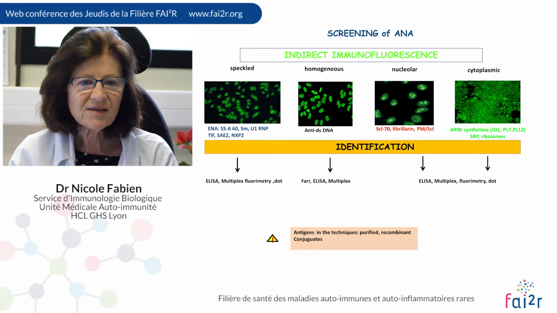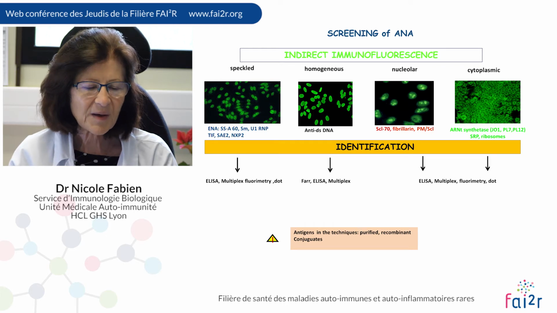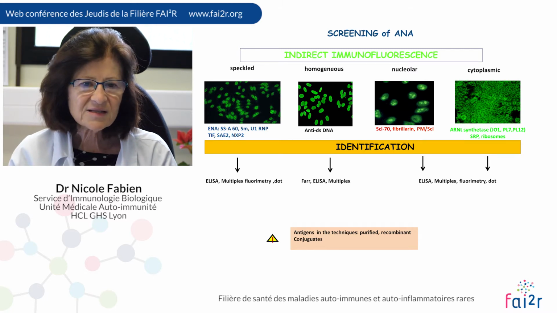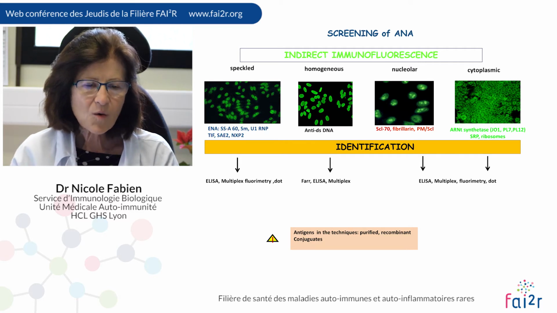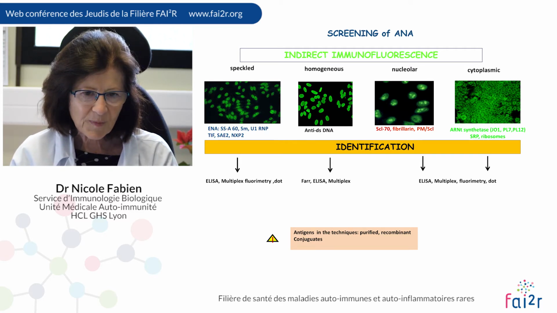Here you can see that by indirect immunofluorescence we can have some speckled pattern, homogeneous pattern, nucleolar pattern, and cytoplasmic ones, and we can decide in fact to identify some antigens when you have this special pattern.